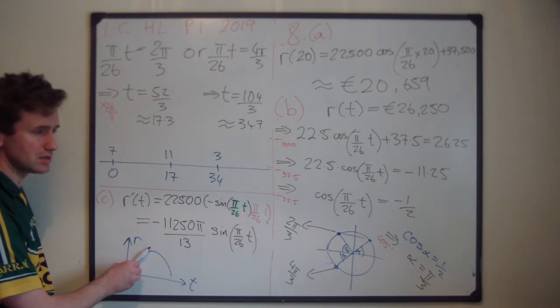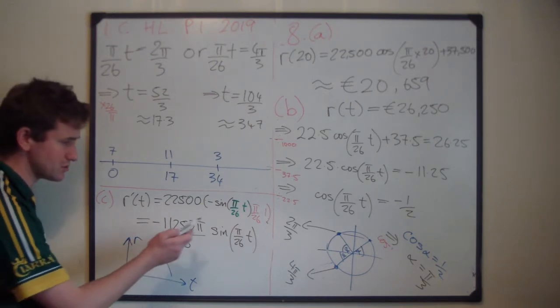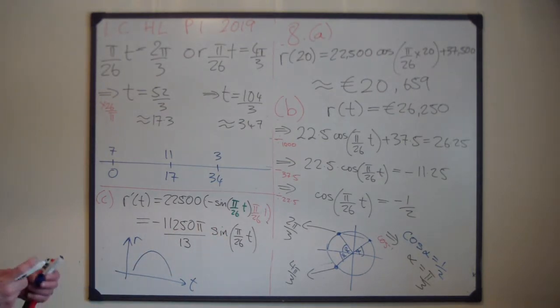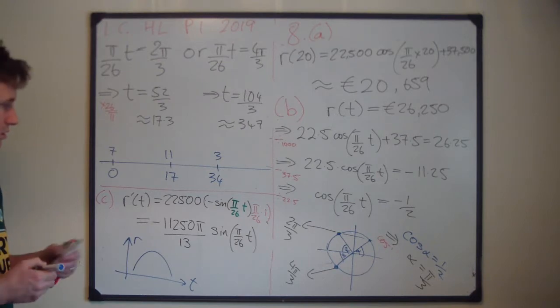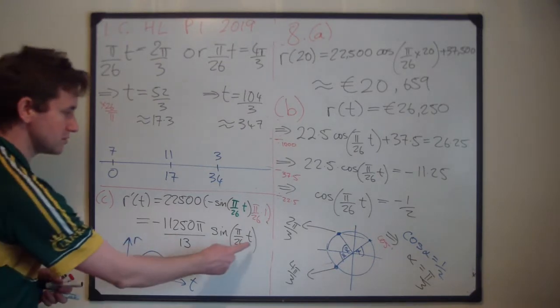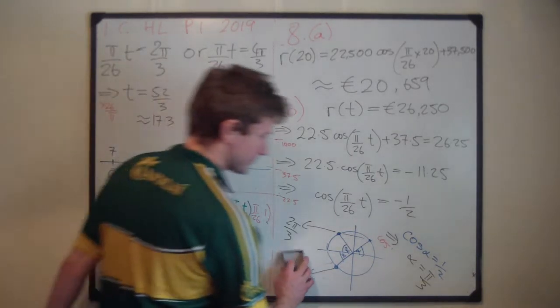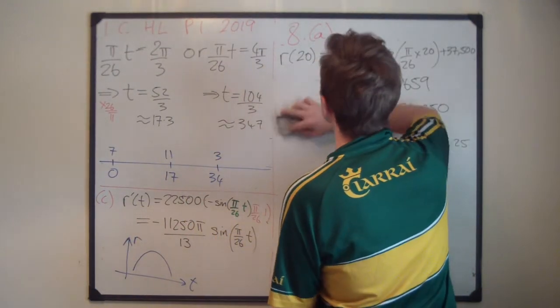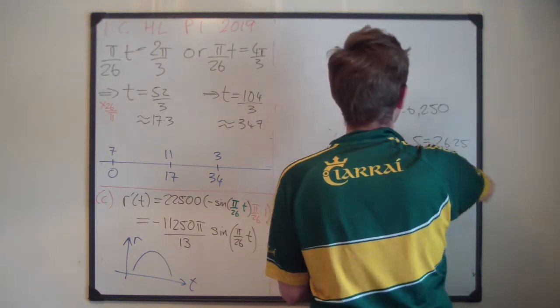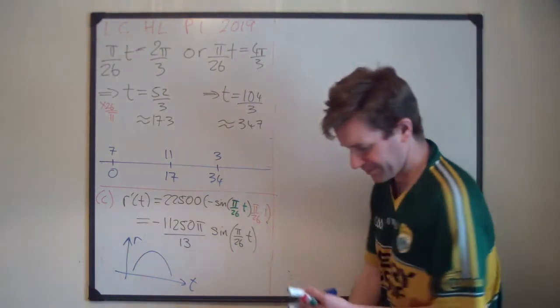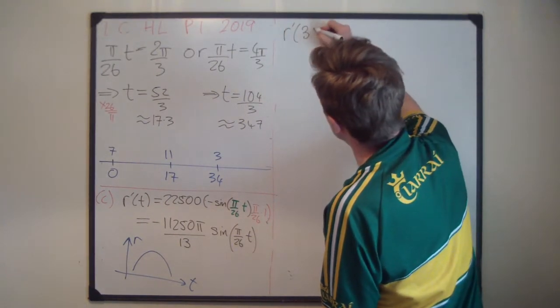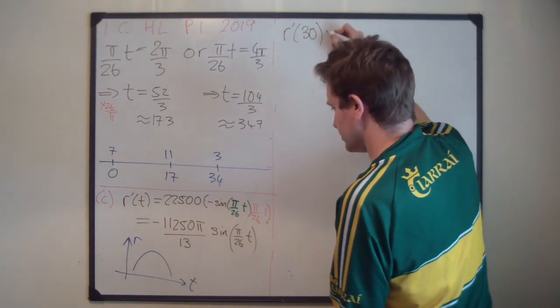So to show that this function is increasing, all we'd have to do is substitute t equal to 30 into this and see that it's positive. So I'm just going to substitute t equal to 30 into this. Okay, so r dashed of 30 equal to.